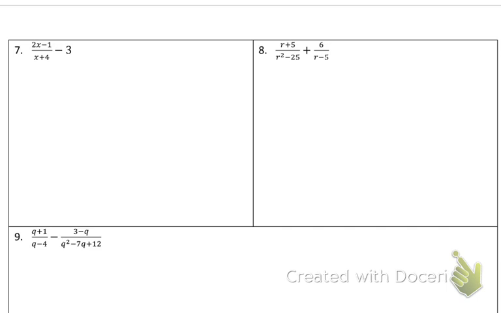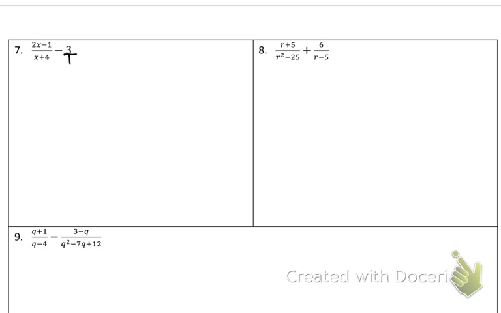Hey, nothing changes here except for one big fact. You don't always have to multiply both fractions by a number. So if I picture this as a fraction minus a fraction, this is 2x minus 1 over x plus 4 minus 3 over 1. If I multiplied by both denominators, I'd multiply this one by 1 over 1. That doesn't change anything.